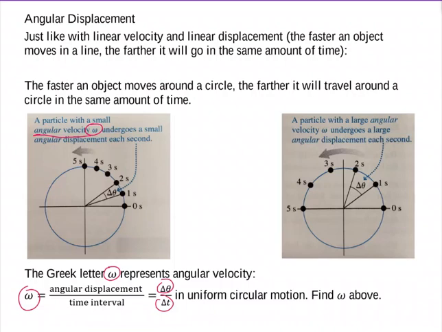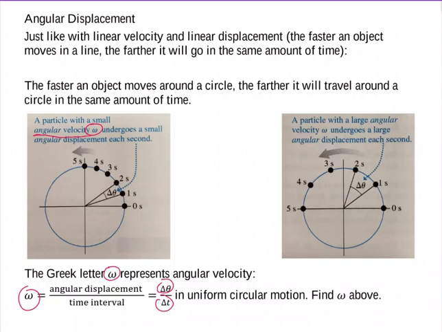So this is a direct correlation to linear stuff. Change in position versus change in time. It's exactly what we're talking about here. It's just that we're turning instead of going straight, or rotating, I should say. All right, so on this picture, the particle with the large angular velocity omega undergoes a large angular displacement each second.